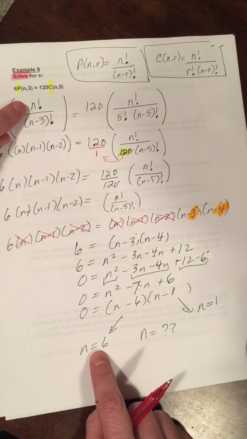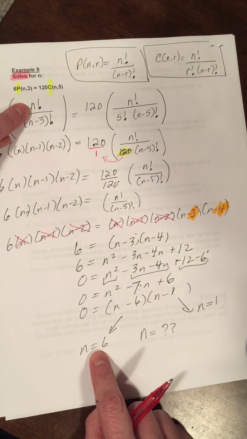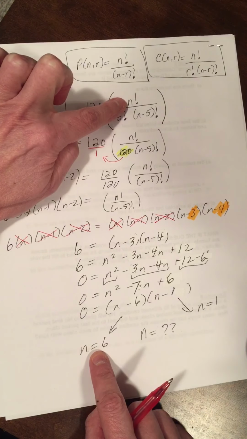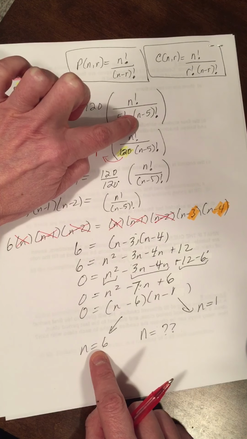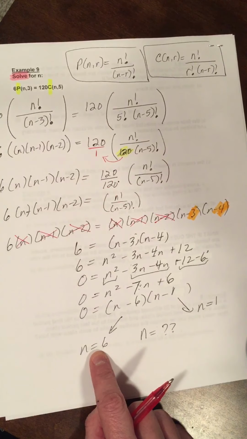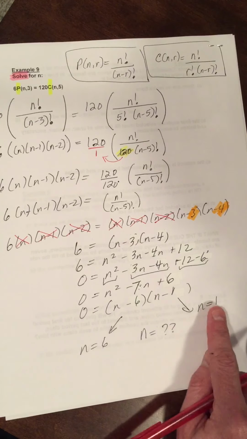If I take a look at this 6 and I substitute it in, right in here, 6 factorial, 6 minus 3 is 3 factorial, 6 factorial, 6 minus 5 is 1 factorial. All results in positive factorials, no negatives, no fractions, I'm good to go.